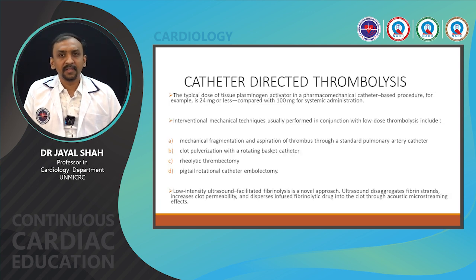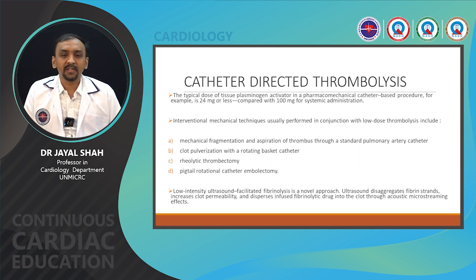So regarding the catheter directed thrombolysis, the typical dose of tissue plasminogen activator in the pharmacomechanical catheter based procedure is 24 mg or less, compared with 100 mg in the case for systemic administration. And different interventional mechanical techniques performed in conjunction with this low dose thrombolysis include the mechanical fragmentation and aspiration using a standard pigtail catheter, clot pulverization with a rotating basket catheter, rheolytic thrombectomy, or pigtail rotational catheter embolectomy.